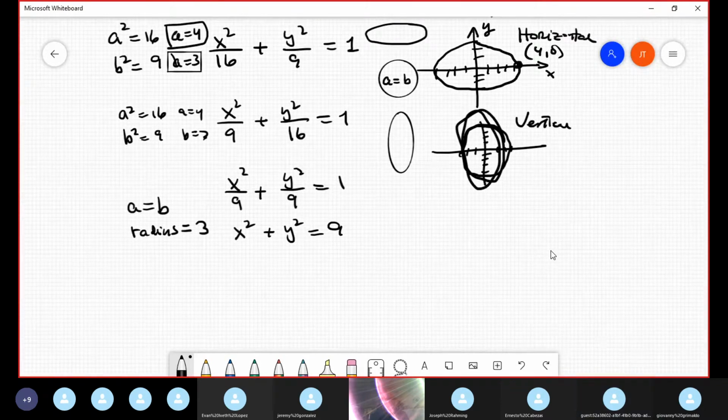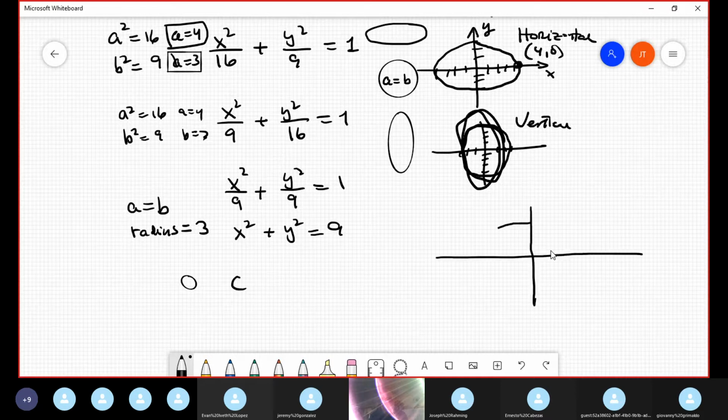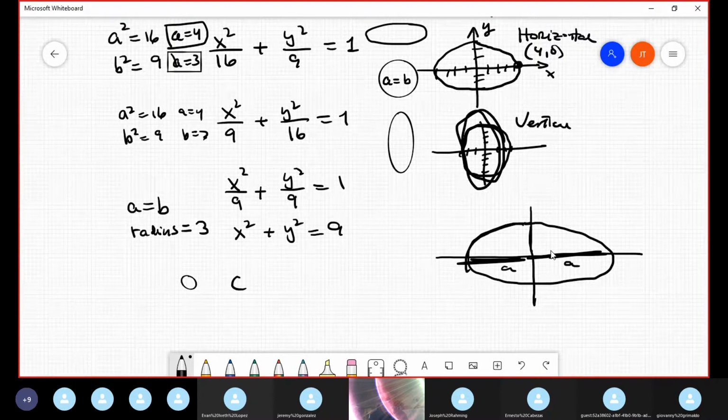Okay, we have one more important parameter of the ellipse, which is C. Wow, we have ABC. What is C? Let me explain the C. Suppose again we come back to the horizontal ellipse. I suppose that this segment is equal to this segment, right? By the way, it's A, and this is B, and this is B. Now C is the focal distance.